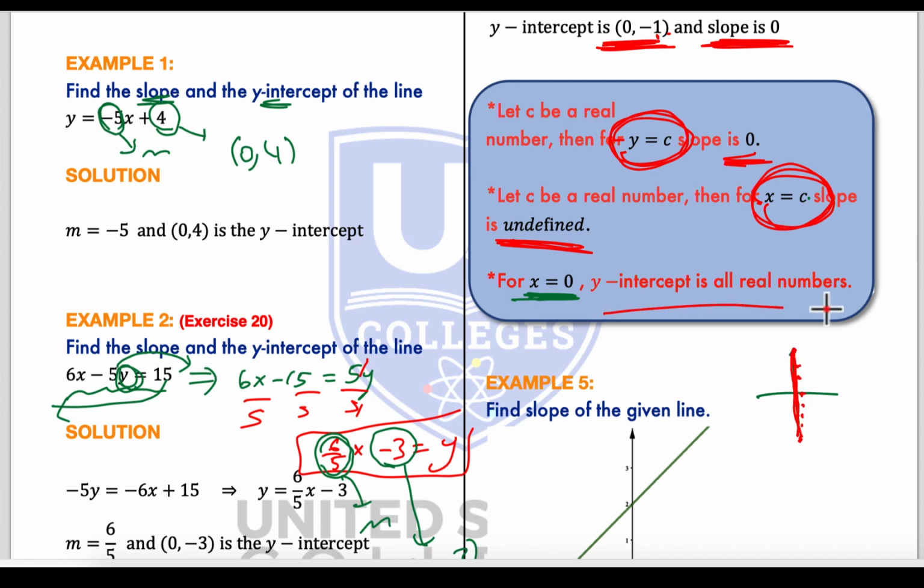So the y-intercept of x equals 0 is all real numbers, unlike this. If you have something else here, like 1, 2, 3, -1, -2, whatever it is, other than 0, then the slope is undefined. But if it is passing through the origin, then it is coinciding with the y-axis. So its y-intercept is all real numbers. It's an exception.